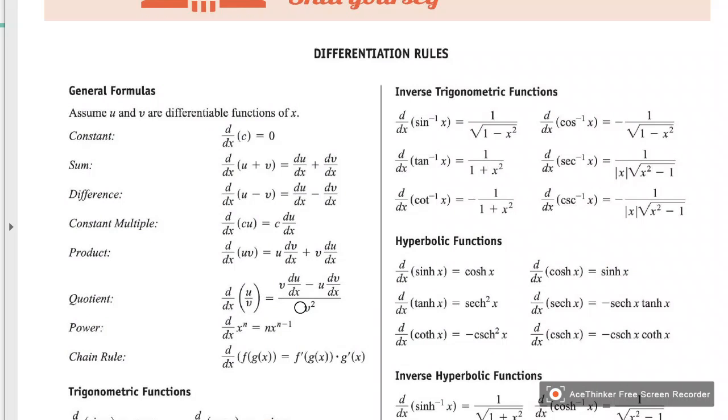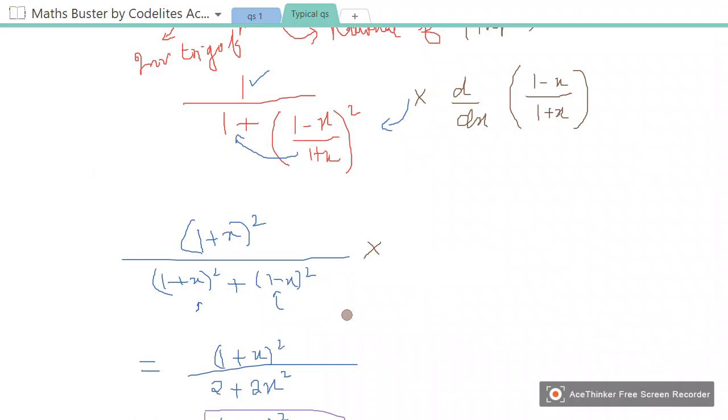In the denominator we will have v square. In the numerator, leave v, differentiate u, then subtract, then leave u and differentiate v. So in the denominator you will have 1 plus x the whole square.